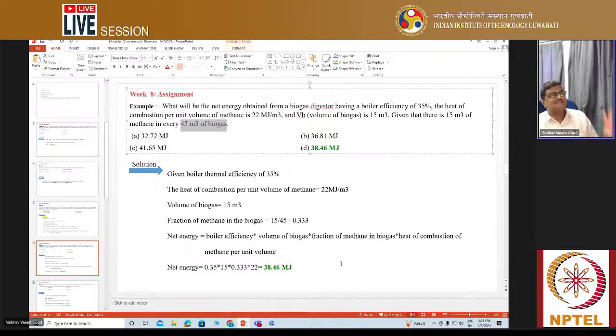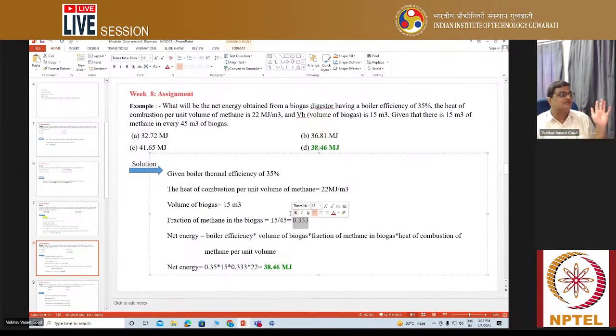This is one assumption given in the example. The fraction of methane in the biogas is needed. Biogas indicates a mixture of CO2 plus methane plus small traces of CO, hydrogen sulfide and other gases. But in that, the methane is 15 meter cube, so the fraction is 15 by 45, which equals 0.33.